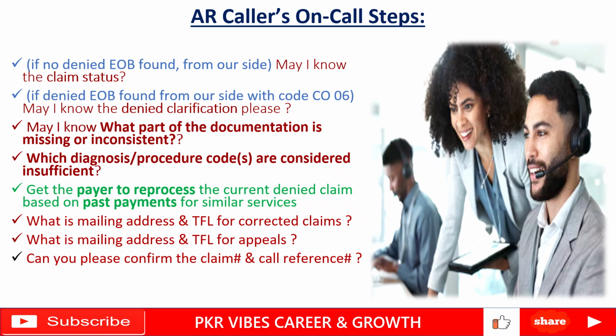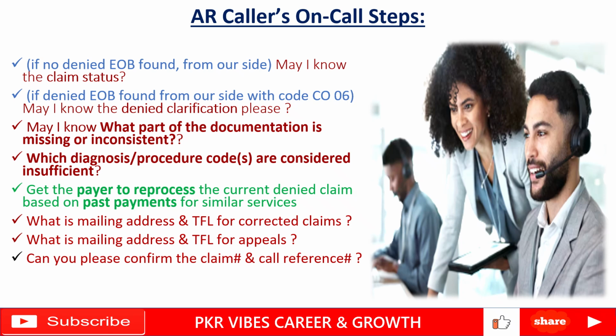Mostly they will tell that this procedure code is inconsistent with the patient age. And at that time, for example, if there are three procedure codes, which procedure code is considered inconsistent? Not every time is a single line billed on a claim to insurance.